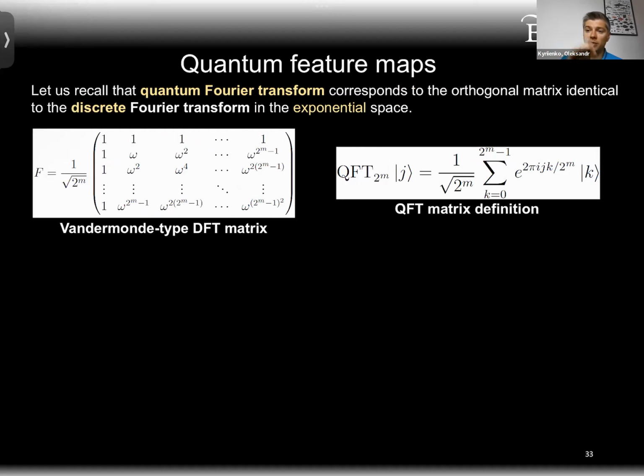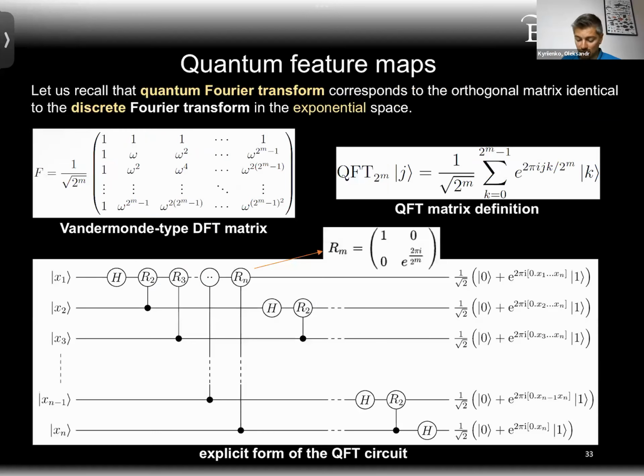So I take a basis state, go to Fourier representation, and I can go the other way around. My goal will be to develop quantum circuits that simultaneously can load data in the exponential space and map them into computational basis space.